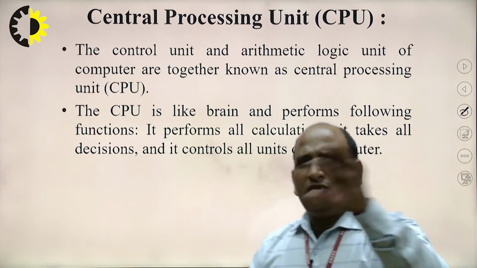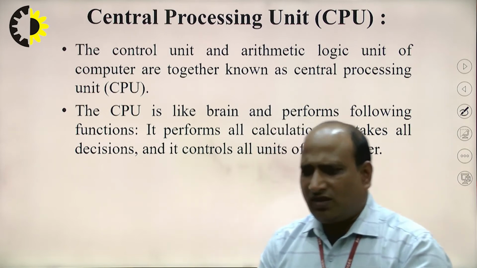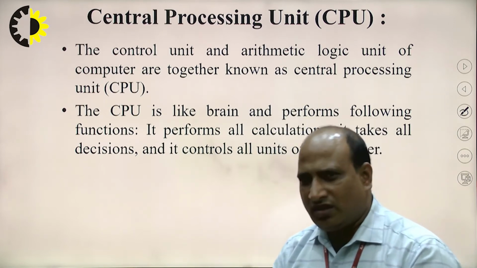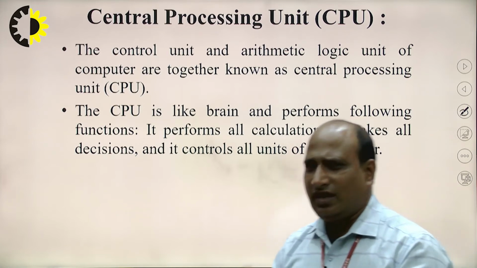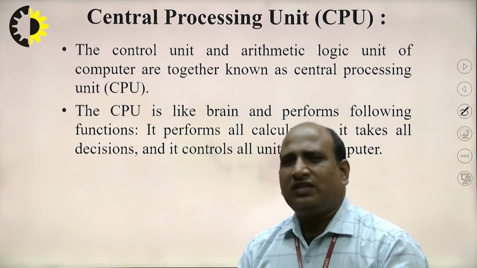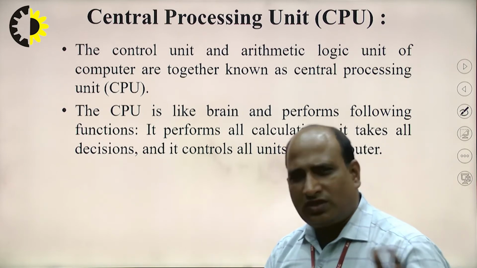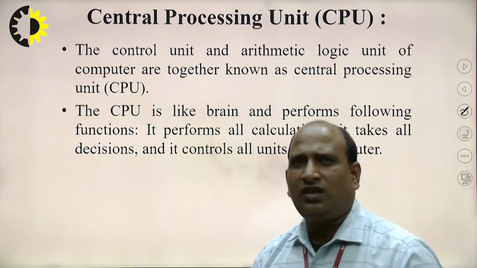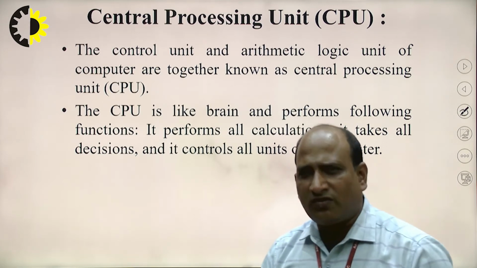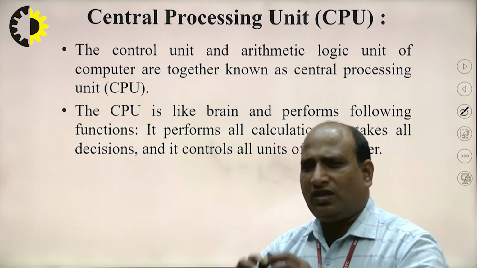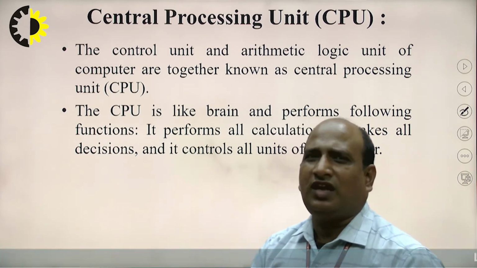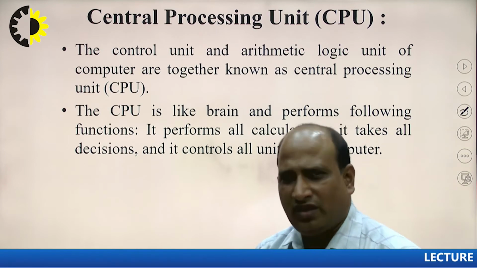All the components of the computer must work in a timely synchronized manner to process correctly, and for that the central processing unit is responsible for sending control signals to the different components of the computer so that all the units may work in a timely synchronized manner.